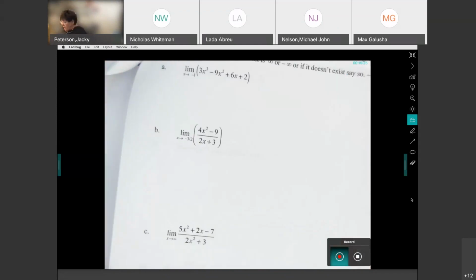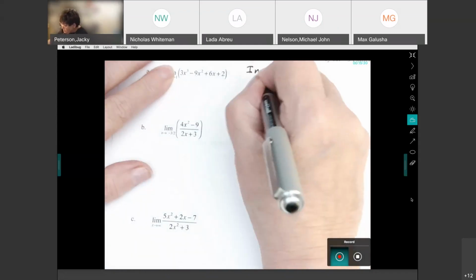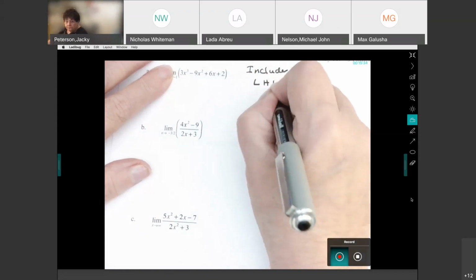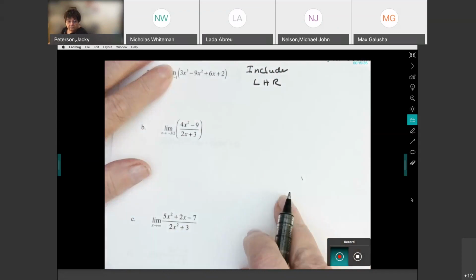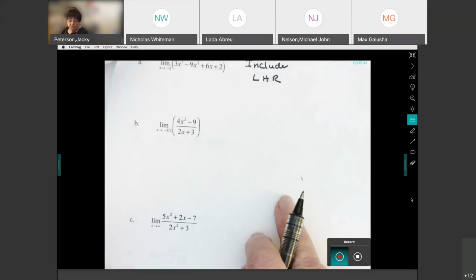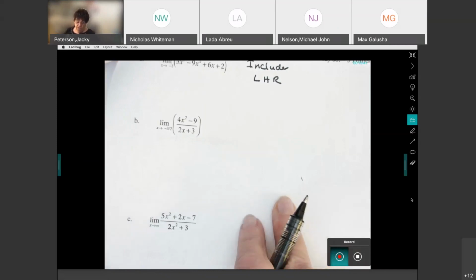Now these problems will include L'Hopital's rule. So any of these that we did using algebra, you can use L'Hopital's rule, or if you choose, you can use algebra if you can't use L'Hopital's rule.